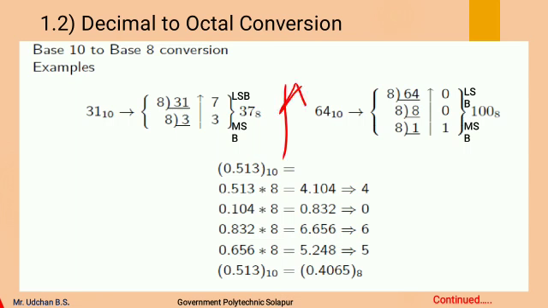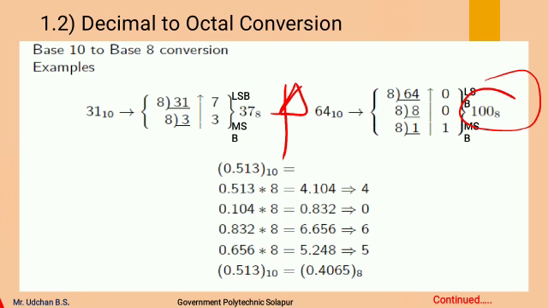Again we arrange from MSB to LSB, that is 37, to get the required octal number. Second example is 64. To get its equivalent octal number, we have divided it by 8. After division, we will get 100 as the octal number.